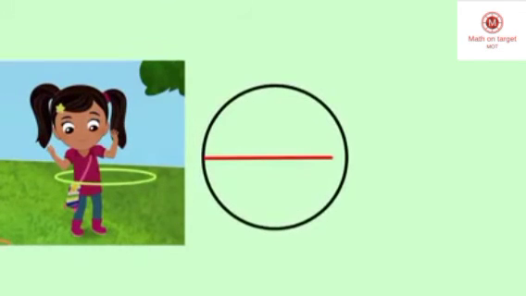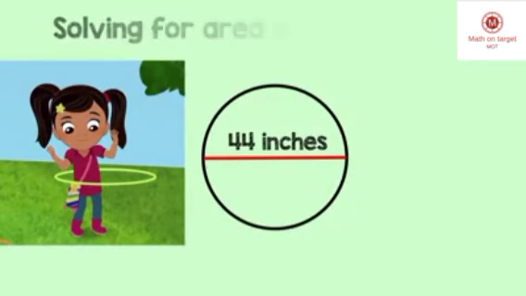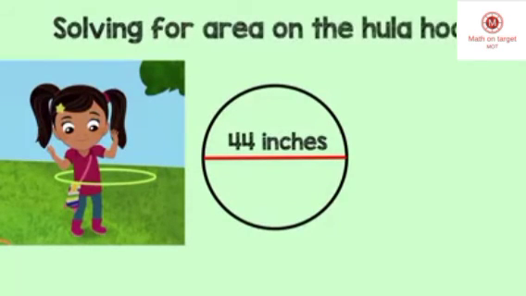Now let's have another example. A while ago, we helped Regine find the circumference of her hula hoop. Now she also wanted to find the area of the hula hoop. Again, the diameter of her hula hoop is 44 inches. Let's help Regine find the area of her hula hoop. In the problem, a diameter of 44 inches is given, but the area of the circle uses the radius. So how can we solve it?